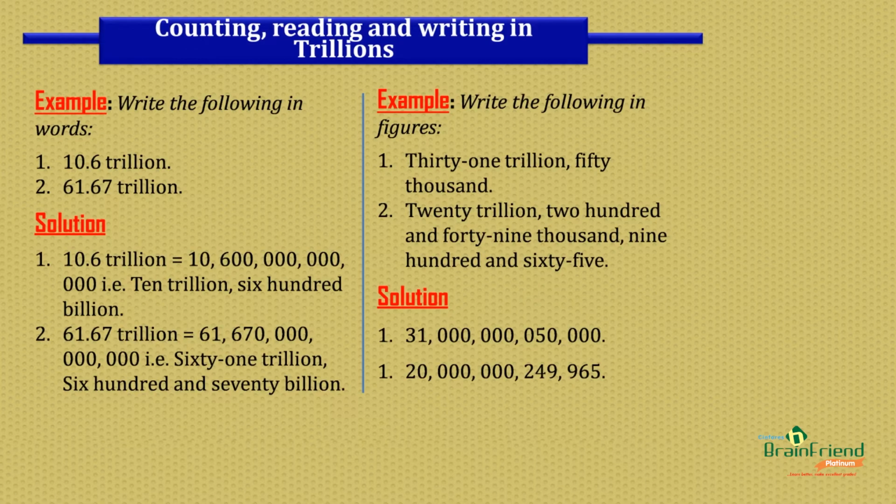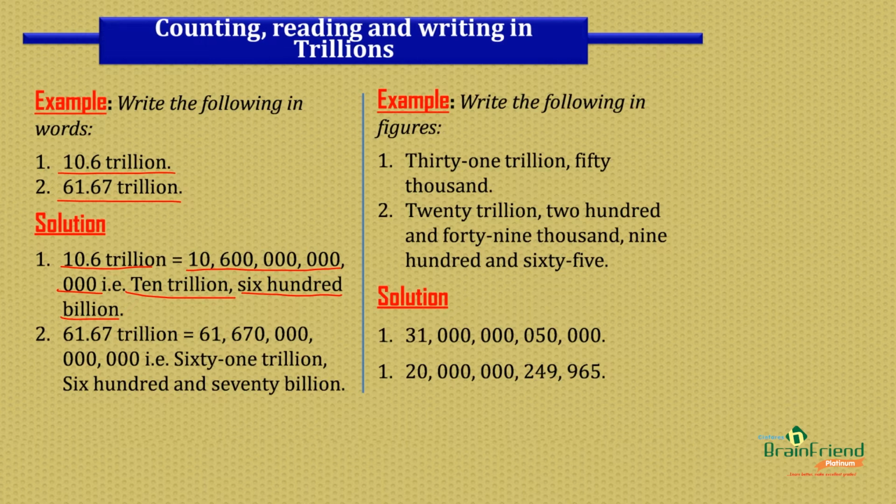Write the following in words: 10.6 trillion, 61.67 trillion. To solve this, for question 1, we have 10.6 trillion. We can start by expressing our number in figures, and then we go ahead to write it in words, which is what is actually required of us. 10 trillion 600 billion.